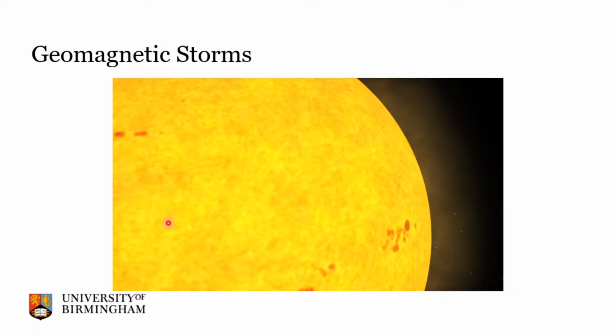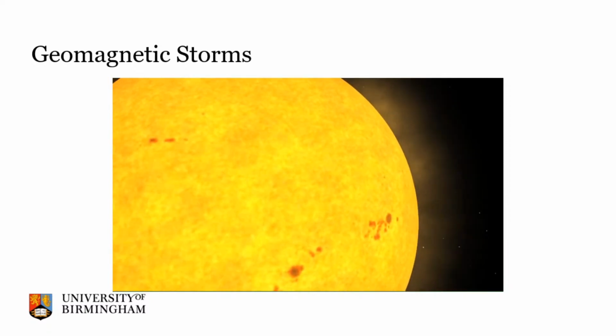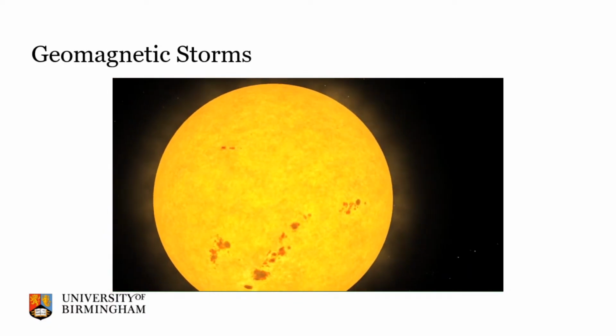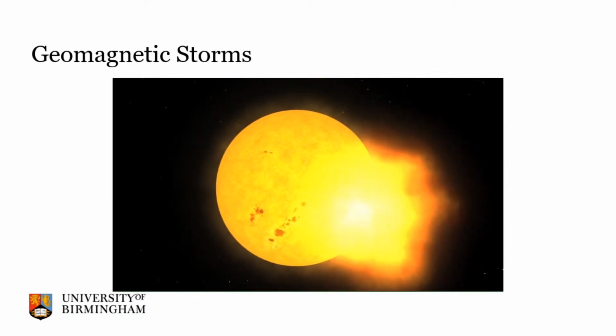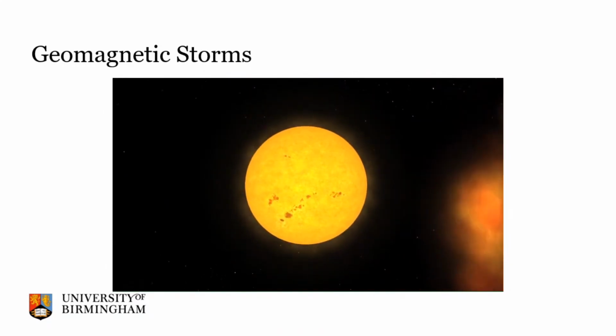So when one of these coronal mass ejections occurs, if it's directed towards the Earth, the embedded magnetic field of this plasma is oriented southward with respect to the Earth's magnetic field.